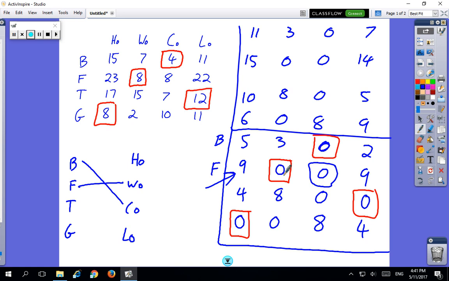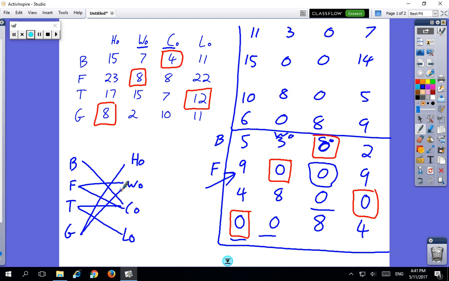So this one had one to WO and to CO. Then this one had one to CO and the last one LO, so CO and LO. And finally the last one had one to HO and to WO, so HO and WO. Lots and lots of lines there.